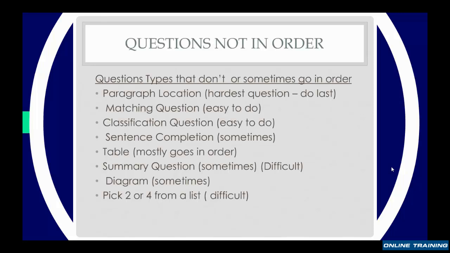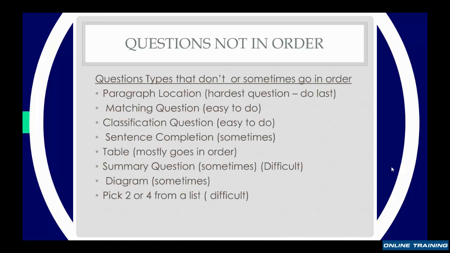Your table questions mainly go in order, unless you have 2 questions back to back, like if number 6 and 7 are in the same paragraph and it's a table question, then maybe number 6 will come after number 7. So you have to be aware of that with a table question. Your summary question doesn't go in order. Well, sometimes it does, but the summary question is very difficult.